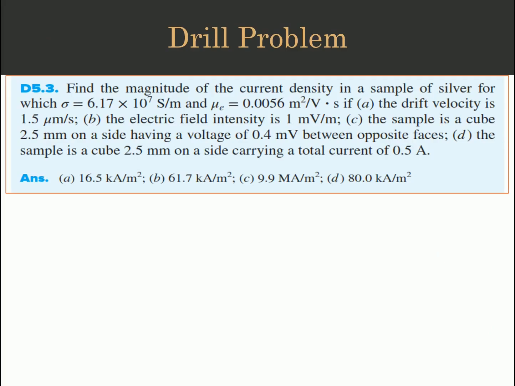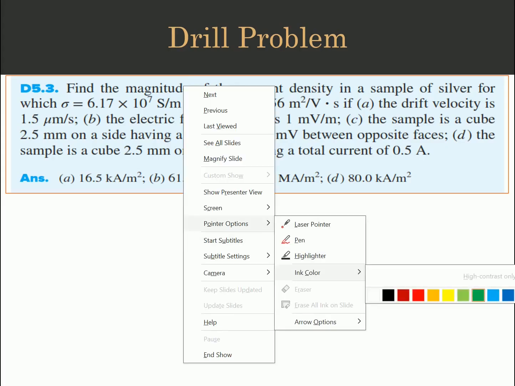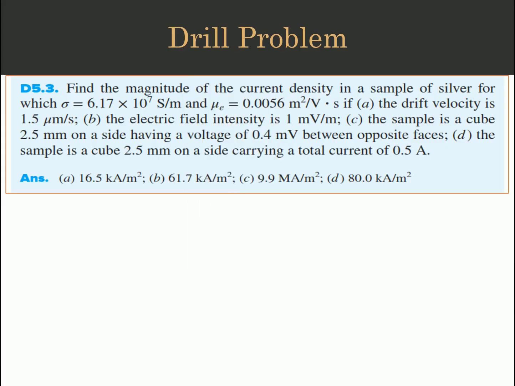Now let us look at a problem, or a few problems, and see how we can apply these equations. In this problem, we have been asked to find the magnitude of current density of a sample of silver which has a conductivity of 6.17 times 10 to the power 7 Siemens per meter, and a given electron mobility.